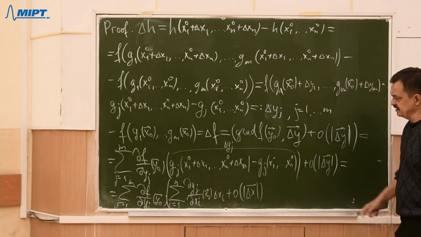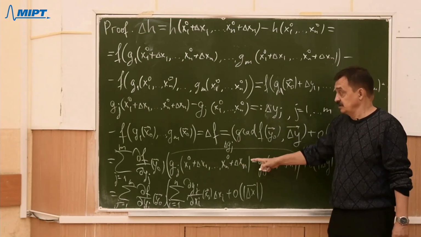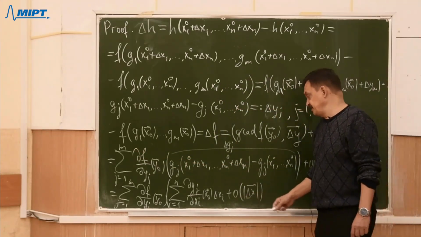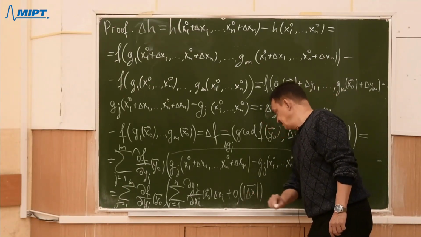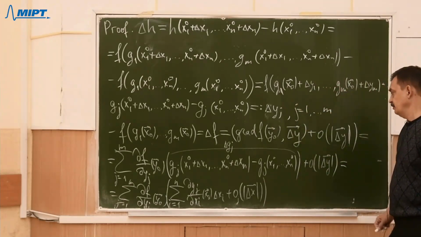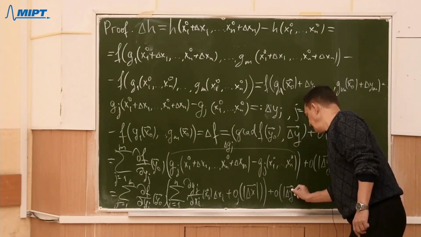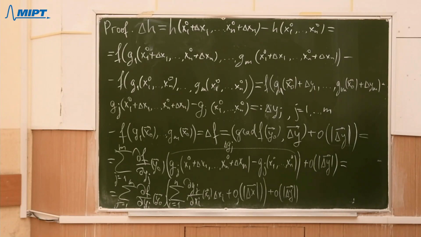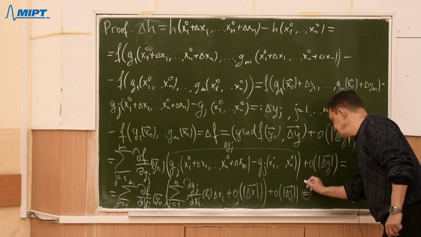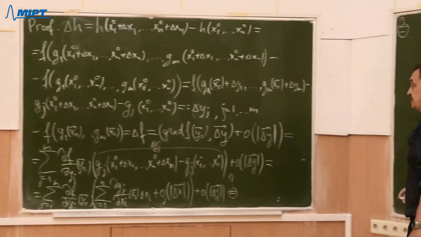But since I have m functions gj, hence the little o are different, so let me indicate it by index j here. Plus little o of delta y. And so the question is, if this is equal to, so that is our question.